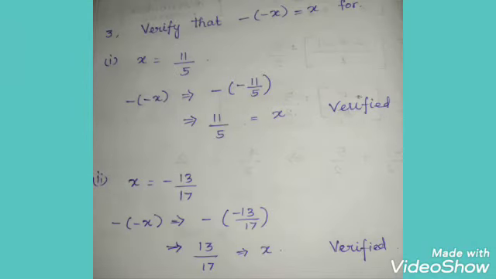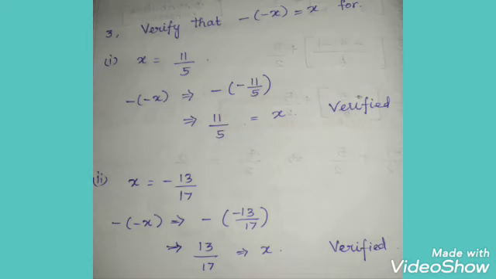The next, verify that minus of minus x is equal to x. They have given x is equal to 11 by 5. We're gonna substitute in that format. Minus of minus x. In the place of x, what we have to put? Minus 11 by 5. Outside one minus we are having, inside one minus we are having. If we multiply minus into minus, you will get plus.